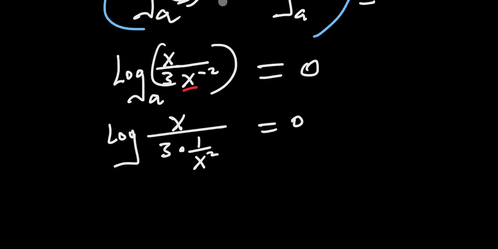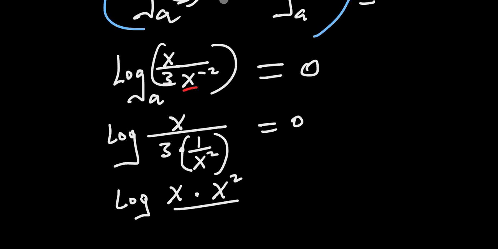So because this is now a fraction here, this x squared will be switched over to the numerator. So this will become log x times x squared over 3, to base a, equal to 0.